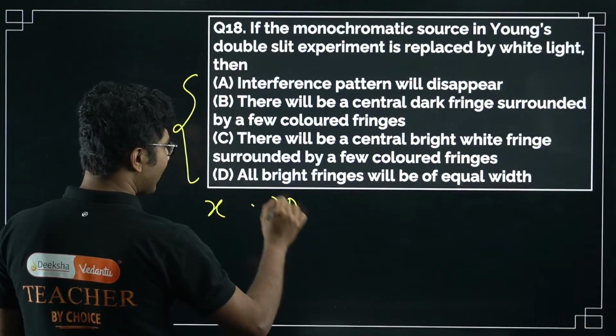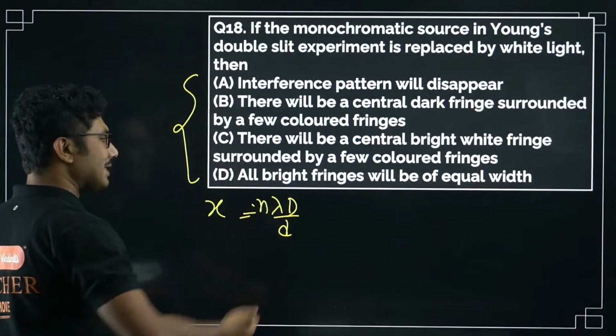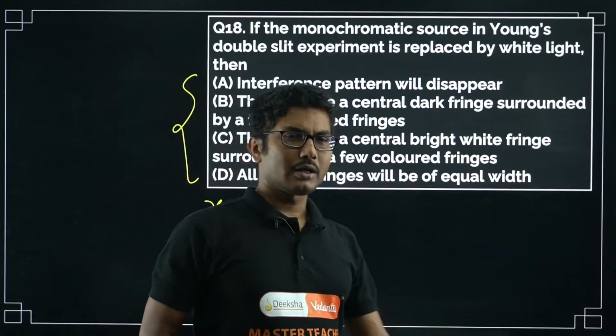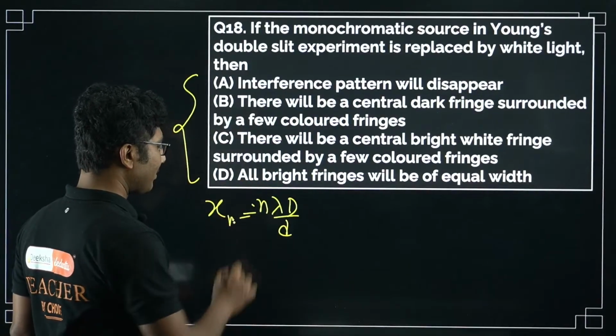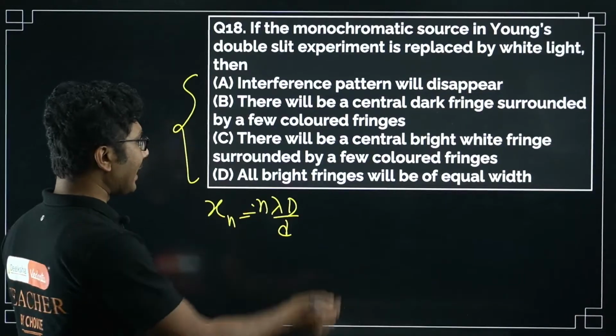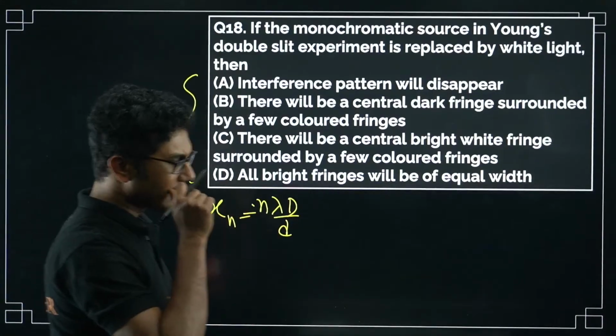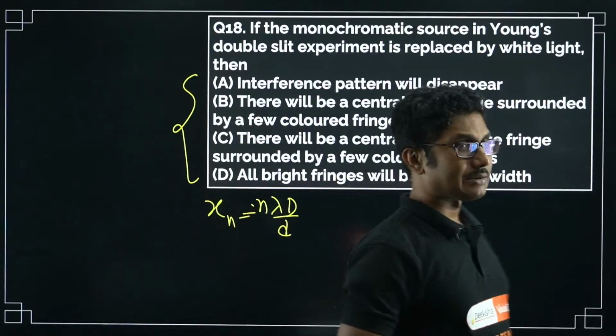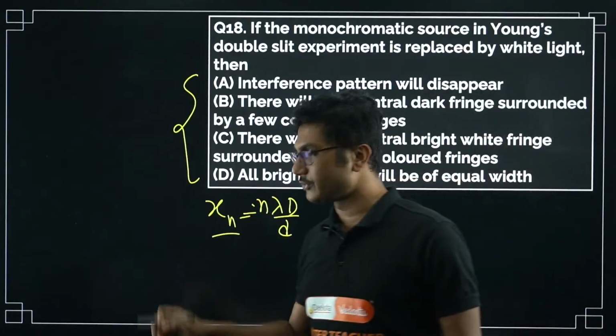So this is the condition for maximum, n lambda, where n is the order. Based on the wavelength of light, the position of maxima will change.